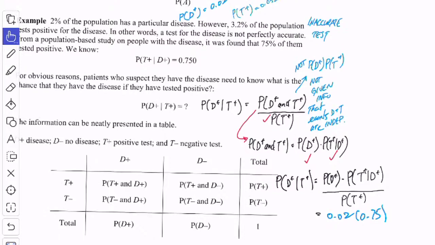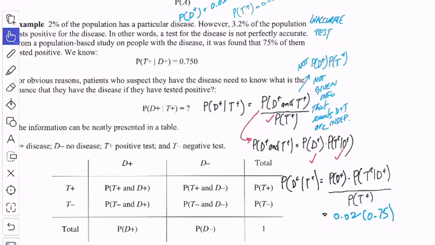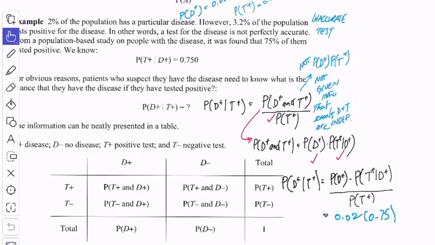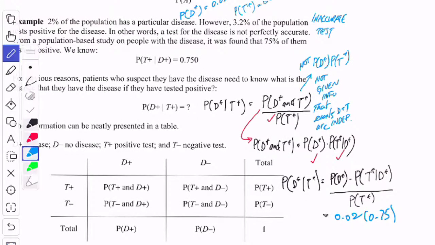Drives me crazy when it's crooked. And the denominator, that positive test result, is 0.032.